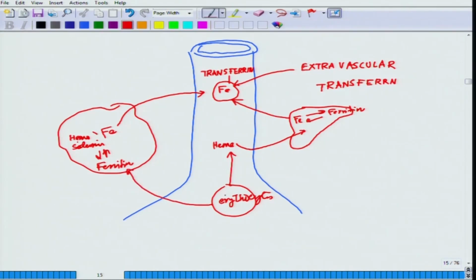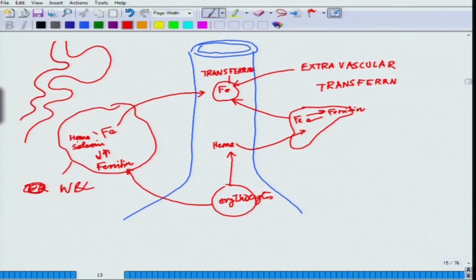So, this is basically eaten away by the WBCs, which eat away the old erythrocytes. And apart from it, along the digestive system, there are different zones from where all this iron is assimilated.